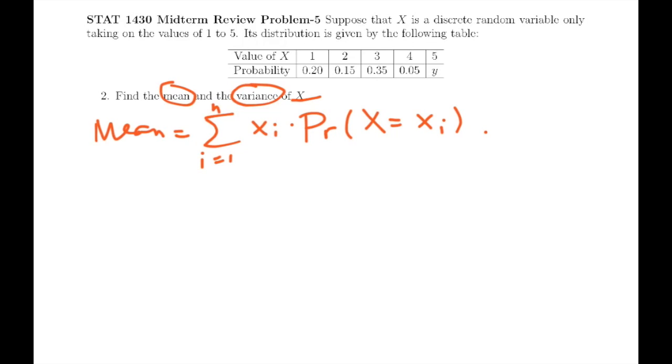Okay, so here our x_i can be equal to 1, 2, 3, 4, and 5, and we have 5 distinct values. So just like what I said earlier, n is equal to 5.